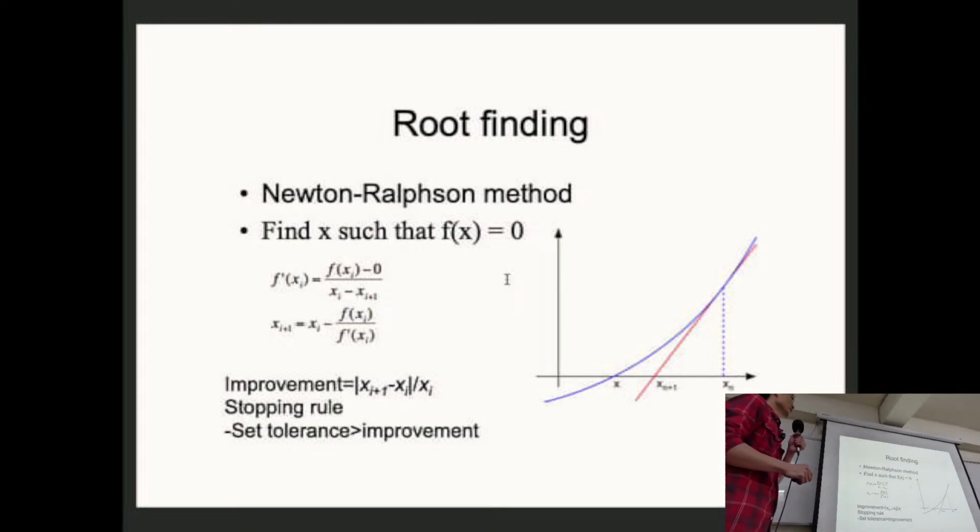These methods are mathematically very simple. We can consider the fundamental definition of a derivative. Okay, f prime at xi is equal to this formula. So this is the definition of a derivative. If the difference between xi and xi plus 1 is very small, take it to the limit, right?